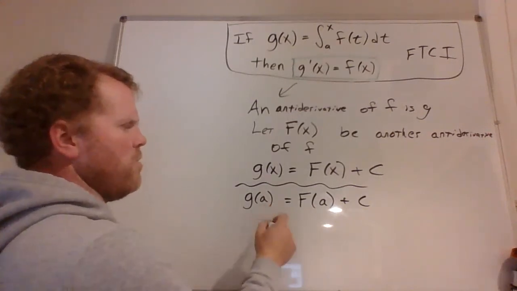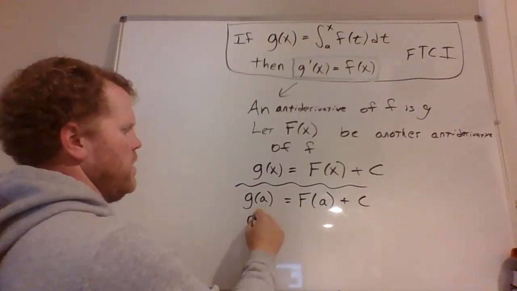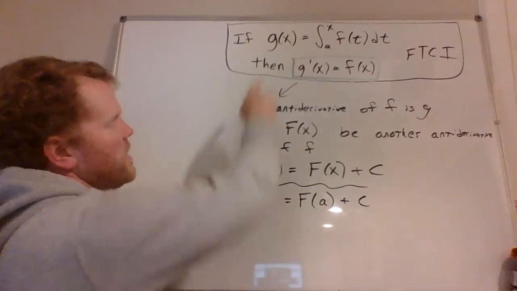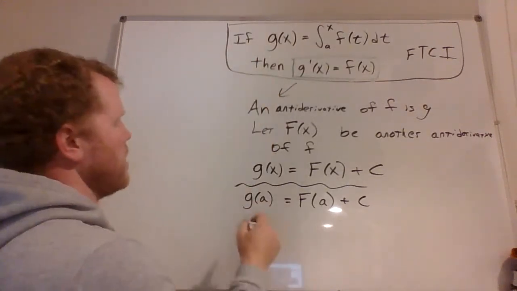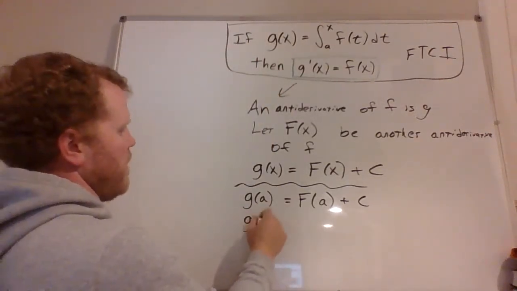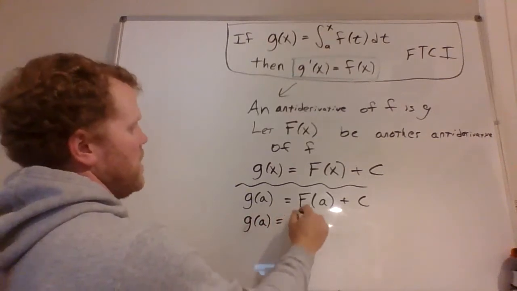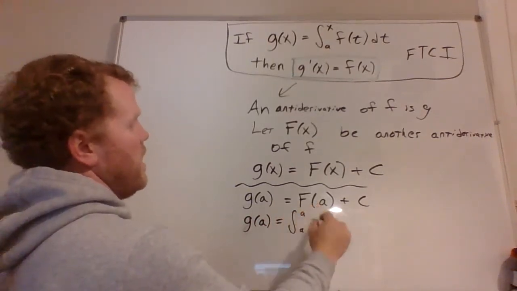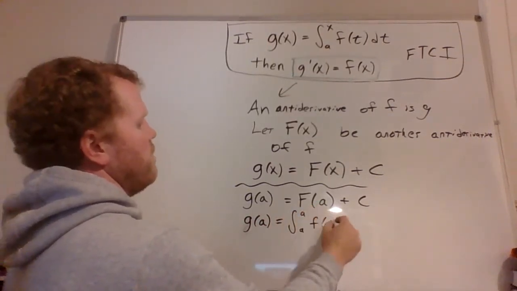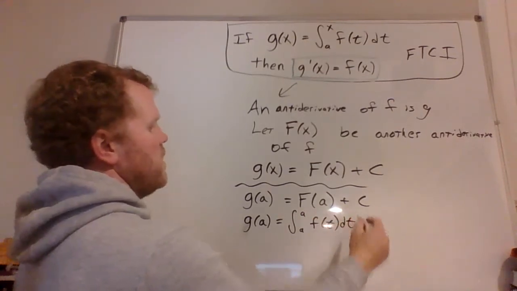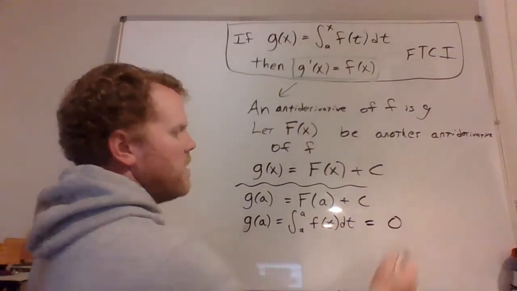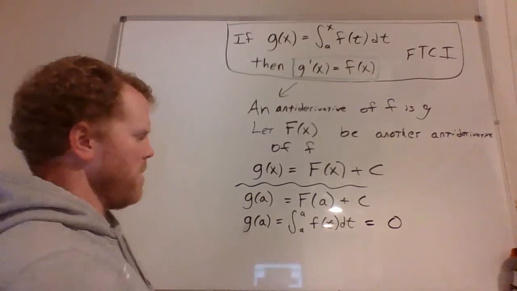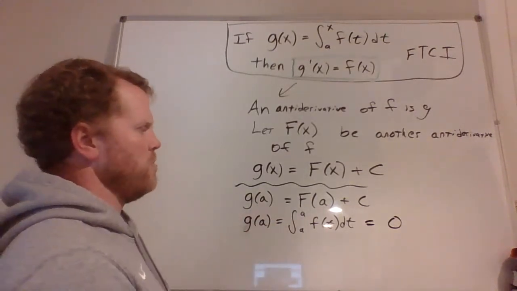But we also know that g of a, if g is that same accumulator function, the other way to look at g of a is that it's the integral from a to a of f of t dt. So that's 0, because we're integrating from a to a, and that should be nothing.